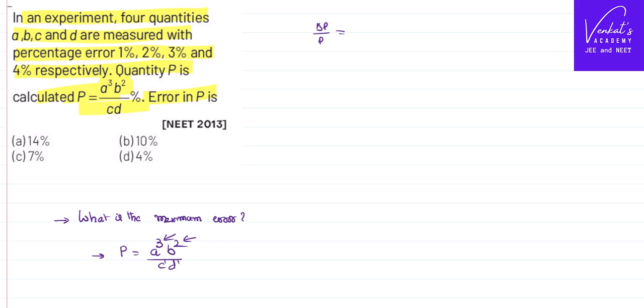So when you are making an approximation for delta p by p, you shall multiply with the power 3 by delta a by a. 3 is a power, I have multiplied that as a factor. Plus, because we have to add errors in each of them. In b, there is a power 2, b square. So, 2 delta b by b. c has power 1. Therefore, 1 delta c by c.